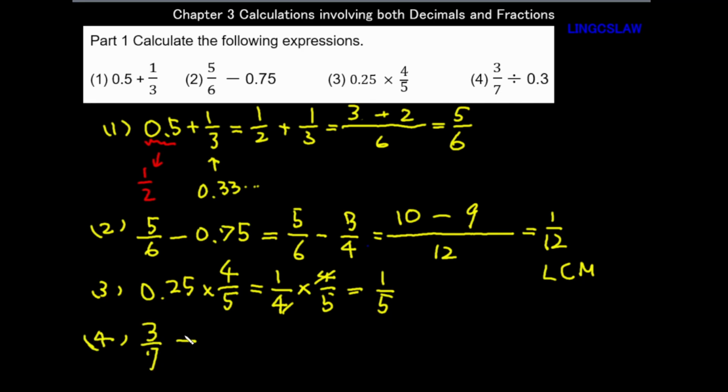And number 4, 3/7 divided by 0.3 equals 3/7 divided by 3/10 equals 3/7 times 10/3, the reciprocal.